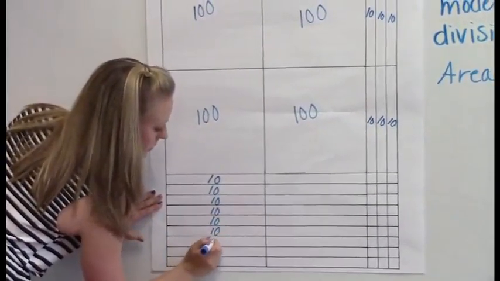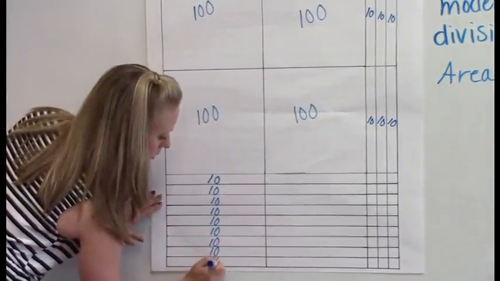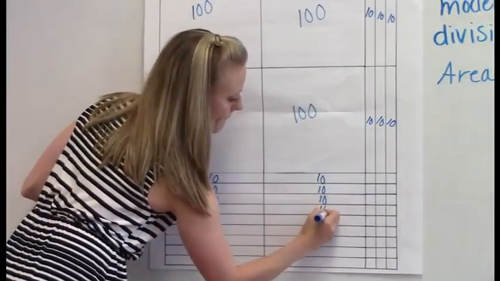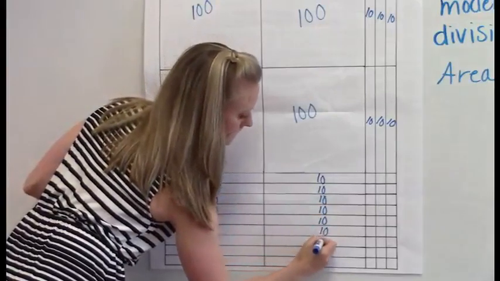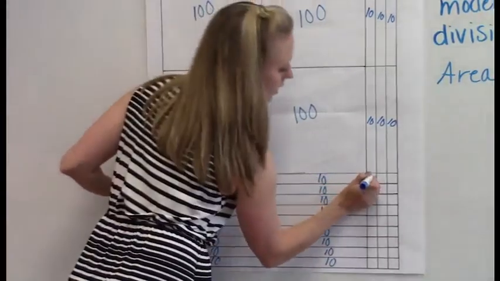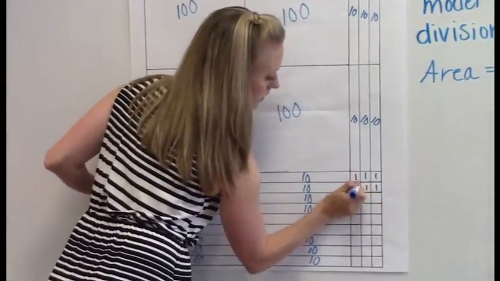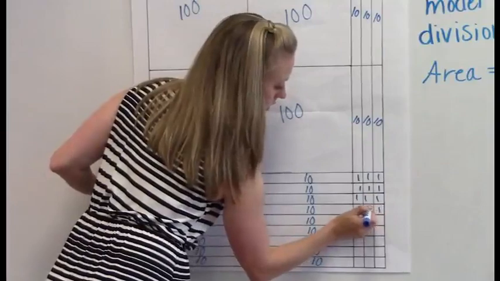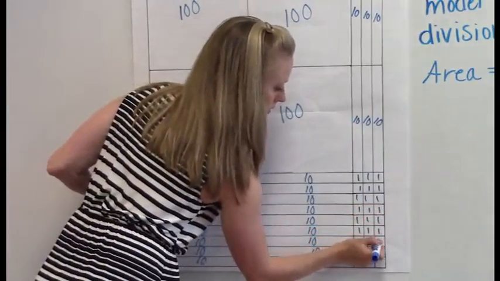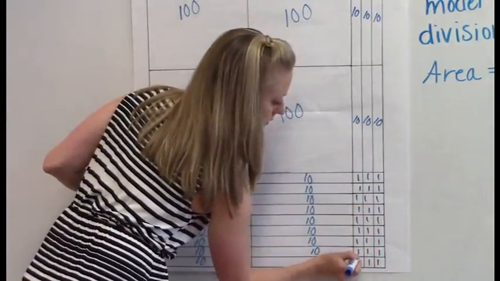And of course, these can be regrouped into more hundreds, which we'll do in just a minute. And then finally, we've got our ones. And just as tens can be regrouped to make hundreds, we can regroup our ones to make tens.